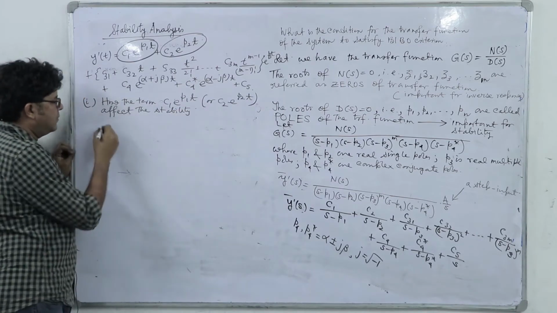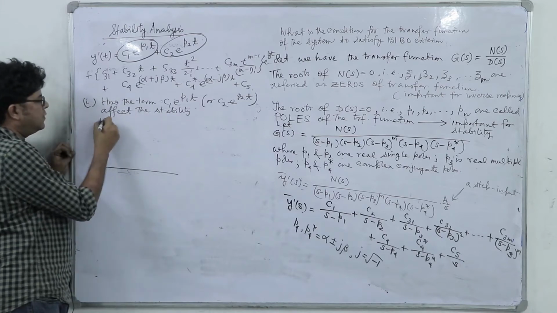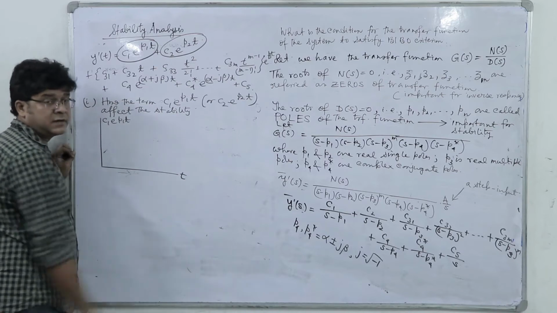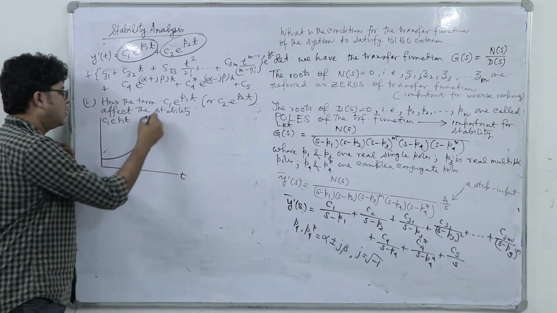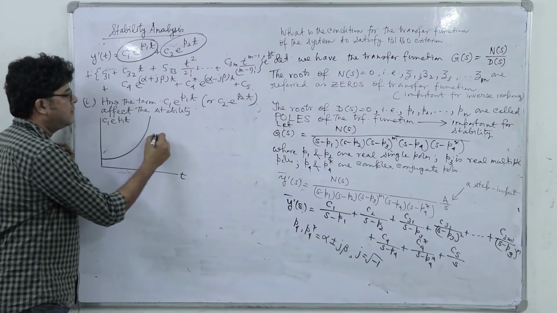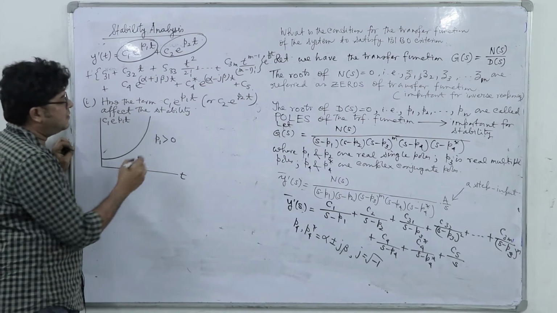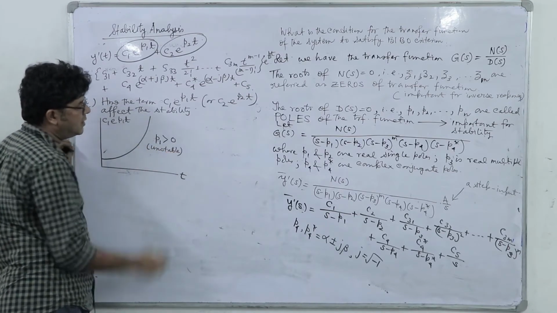Now you see, if I plot this type of exponential function C1 into e to the power P1t versus t, it will simply grow to infinity for P1 greater than 0. And only because of this term the system becomes unstable according to BIBO criteria.